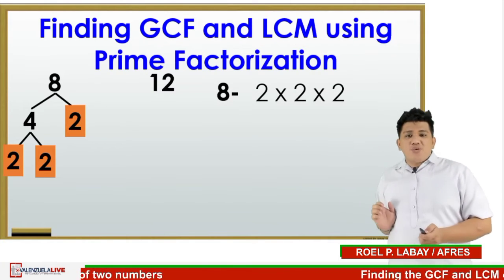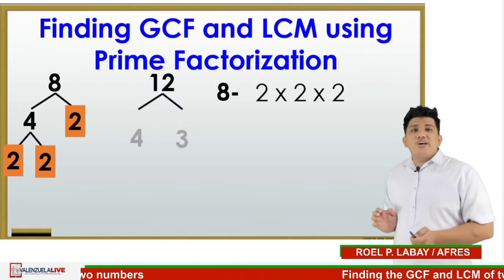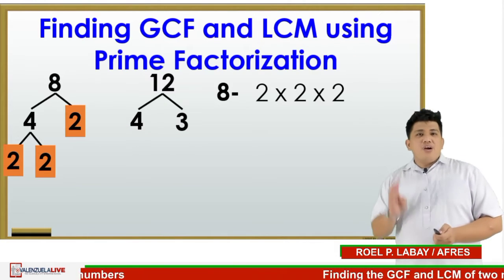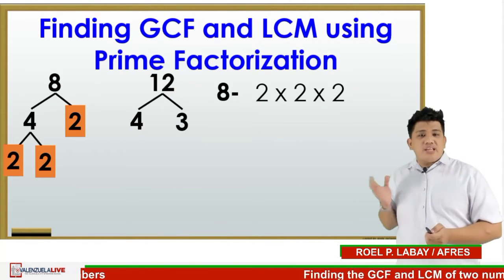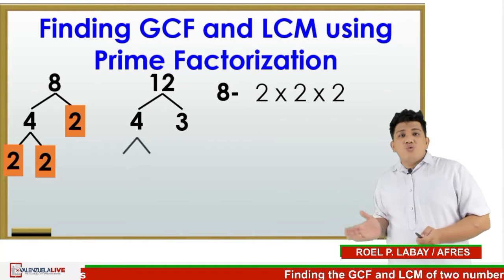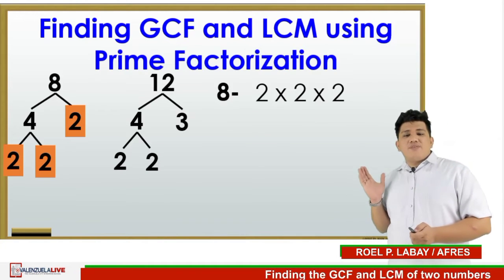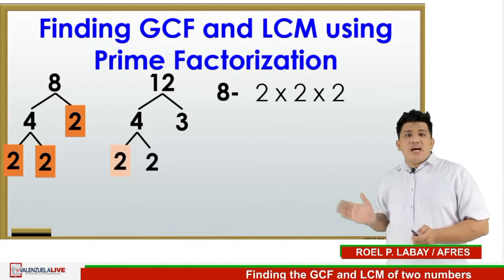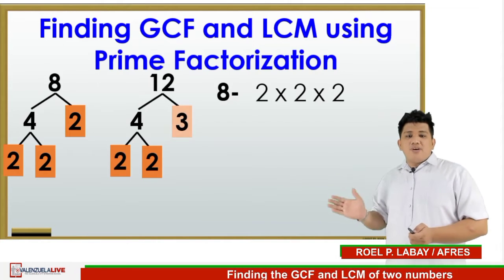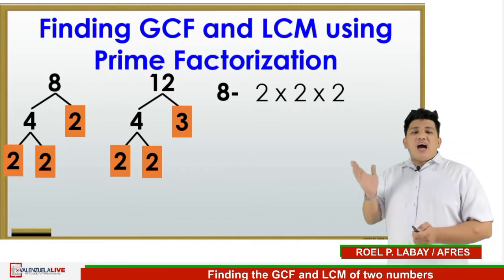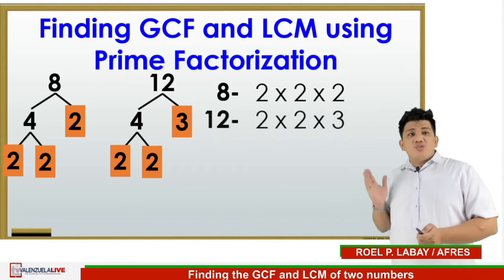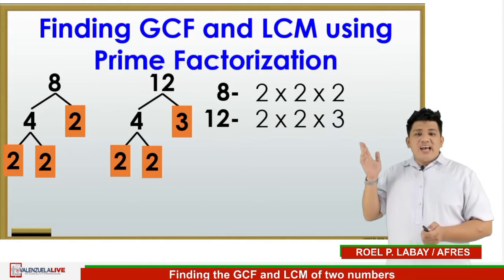Now, let's factor 12 into 4 times 3. However, 4 is not a prime number, so let's factor 4 into 2 times 2. We will not factor 2 any further because it is a prime number. Therefore, the prime factors of 12 are 2 times 2 times 3.